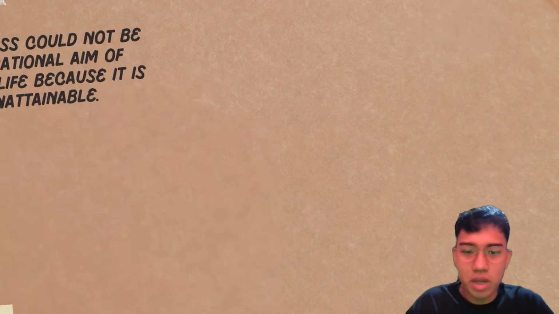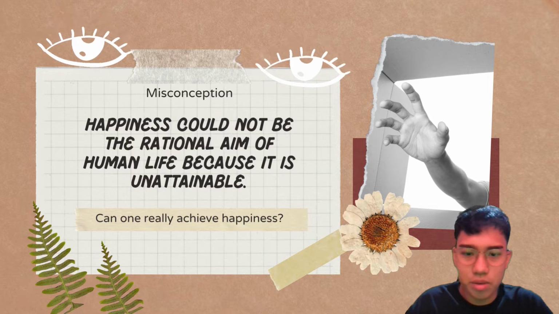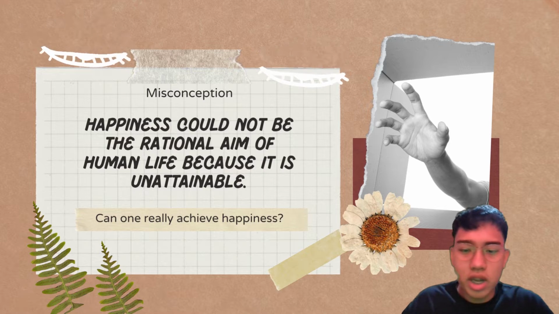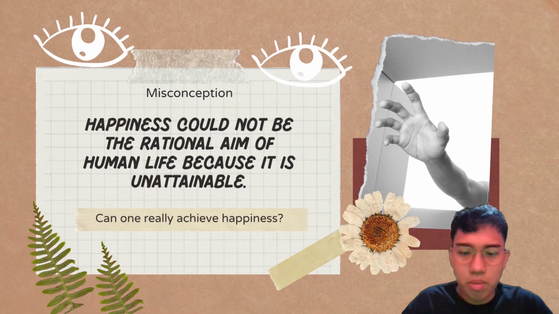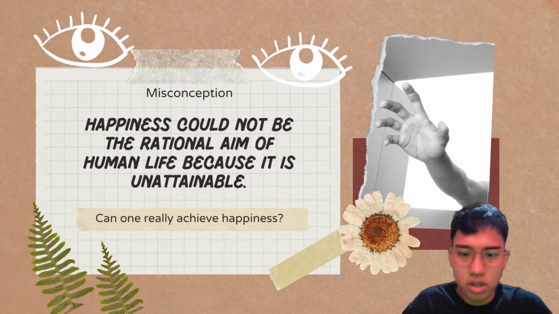Happiness could not be the rational aim of human life because it is unattainable. All rational people go through life with their minds made up on certain basic questions of right and wrong. People who can achieve the most happiness are the people who live off selfishness and lack of mental cultivation.